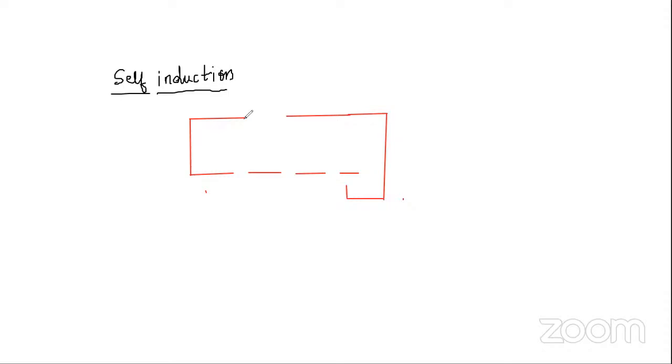So here you are having an inductor coil, just any coil. This is the coil, and here you are having a cell of EMF E. You can represent it by some other color so that you can understand it better.